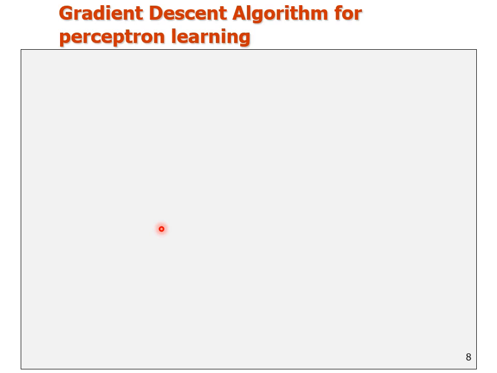So now let us summarize the algorithm that we discussed: the gradient descent algorithm for perceptron learning. Let us systematically formulate the algorithm.